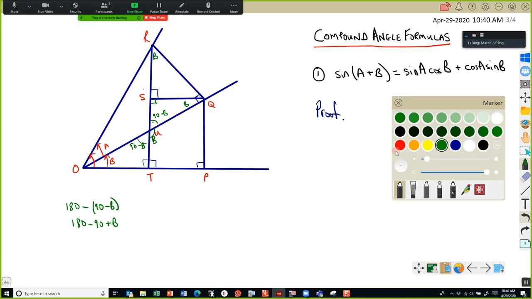All right, so does that make sense so far? Okay, so what I'm going to do is, I don't need all of these angles. I only need a couple of them.